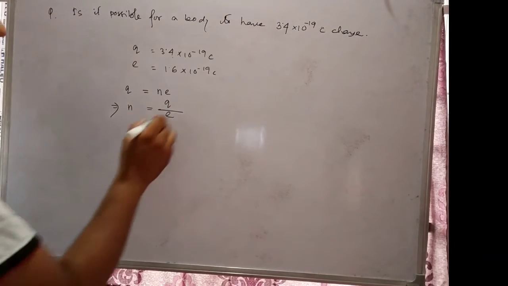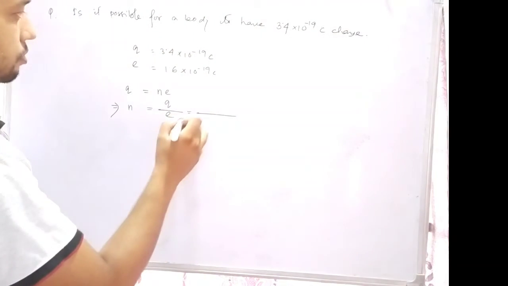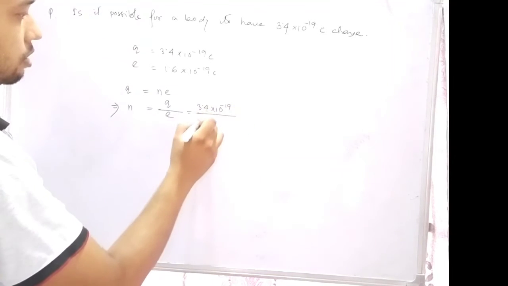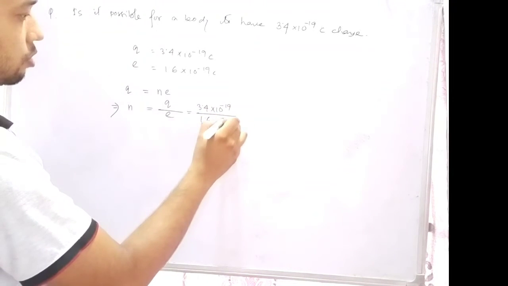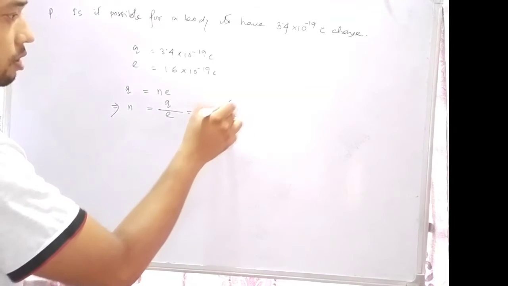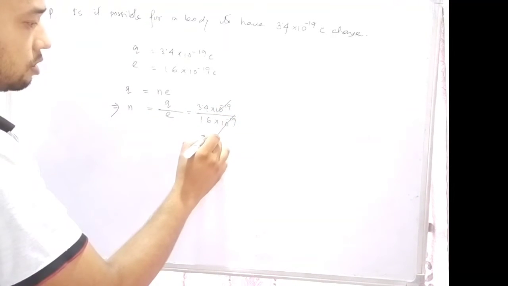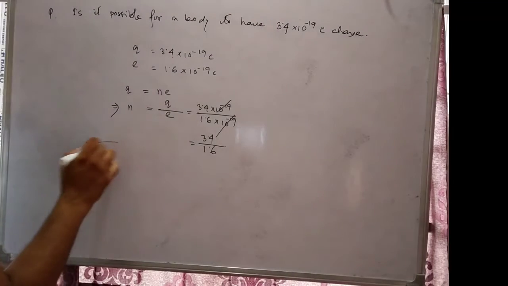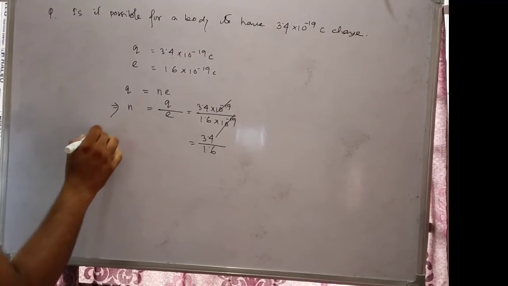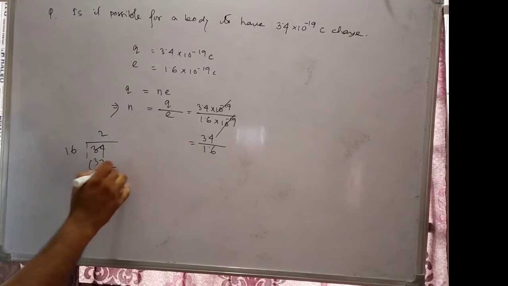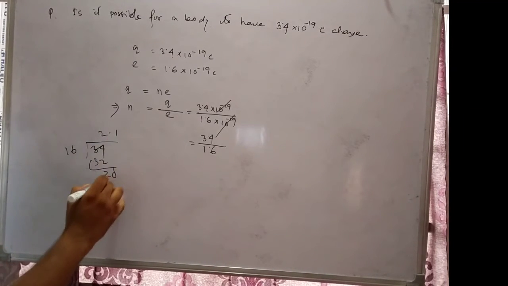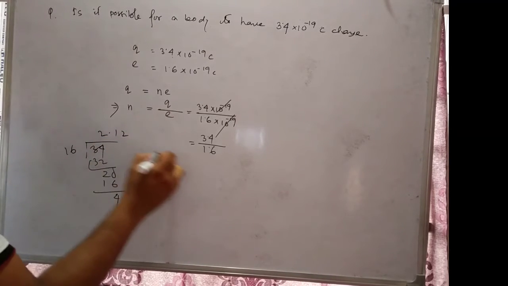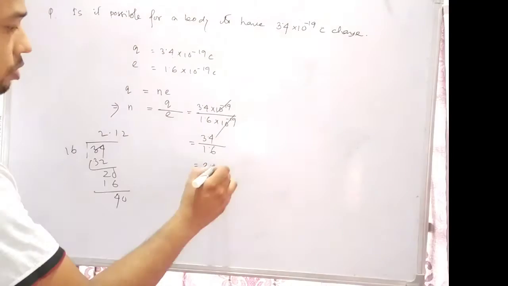The value of Q is 3.4 into 10 to the power minus 19, and e is 1.6 into 10 to the power minus 19. These cancel. So 3.4 by 1.6. If we divide it, we will get 2.125.